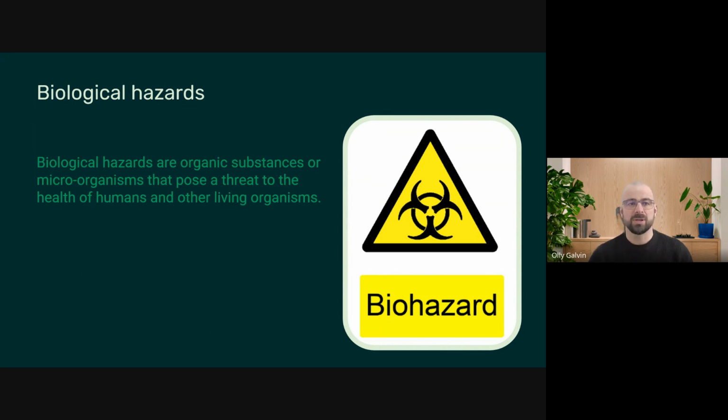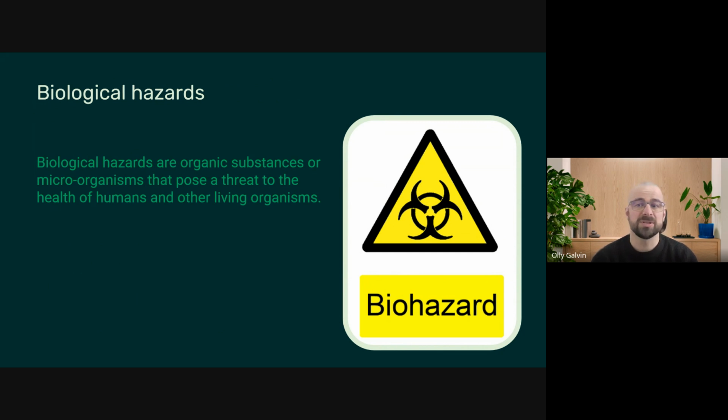Next up, we've got biological hazards, which are organic substances or microorganisms that pose a threat to the health of humans and other living organisms. The key word there is organic. So they have to be organic substances or microorganisms to be classified as a biological hazard.